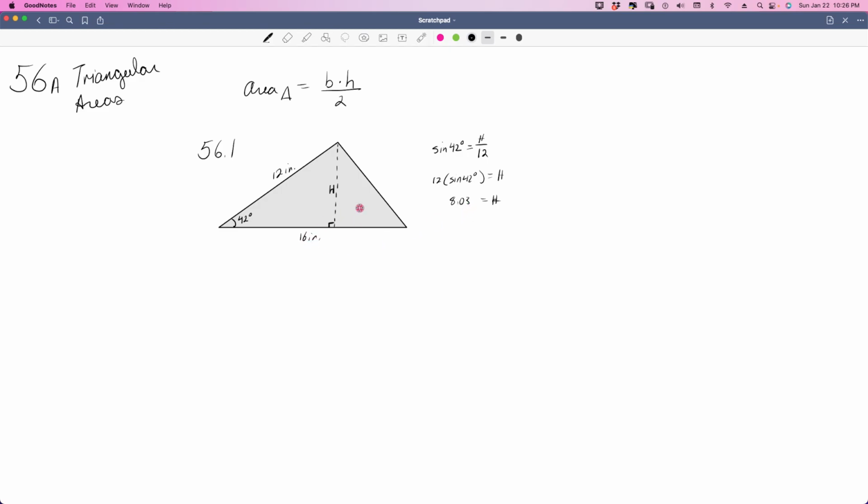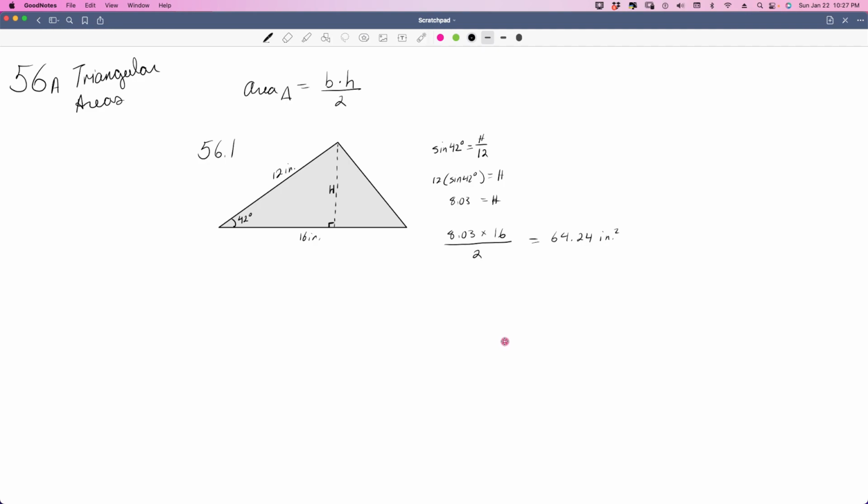Now I can find the area of this triangle. I can say 8.03 times 16 divided by 2. So that would be 64.24 inches square. That would be the area of that triangle.